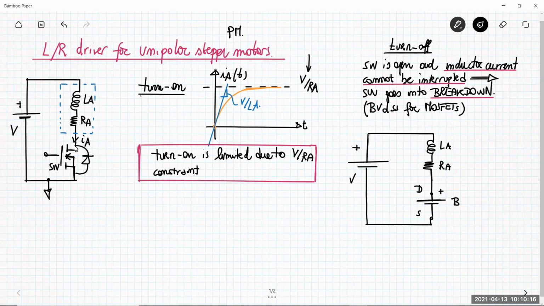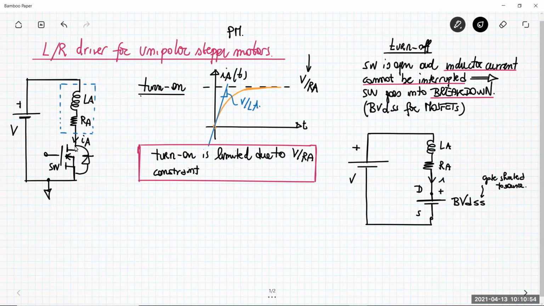We can call it the breakdown voltage between the drain and the source. The S means that the gate is shorted to the source, which is exactly the situation when the MOSFET is off. This is the nomenclature you can find in the datasheet for illustrating the breakdown voltage region of the MOSFET.